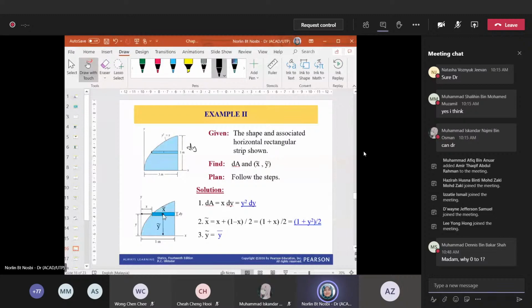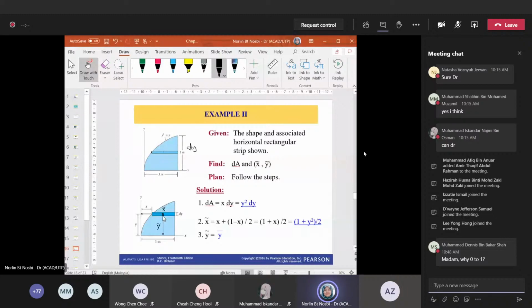For example, for x, if you can see here, the whole length is 1 minus x. Now with 1 minus x you get the length of this rectangle. So how do you want to find the center?